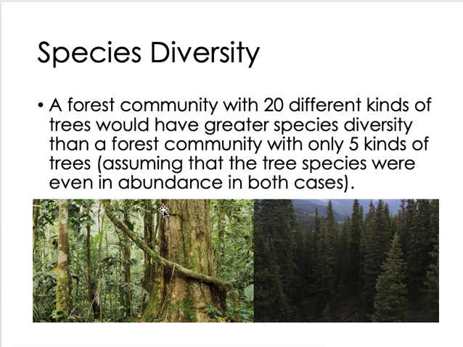Okay. So for example, if you have a forest community with 20 different kinds of trees, it would have greater species diversity than a forest community with fewer kinds, given that their abundance is even in both cases. Okay? So that is an example of species diversity.